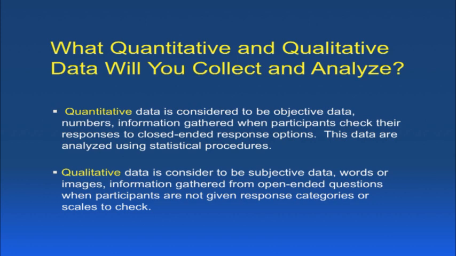Quantitative, though, tends to be more objective, numbers-oriented. Information gathered when participants check their responses to close-ended response options. In other words, when there's response possibilities that you as a researcher or some instrument provide, close-ended.